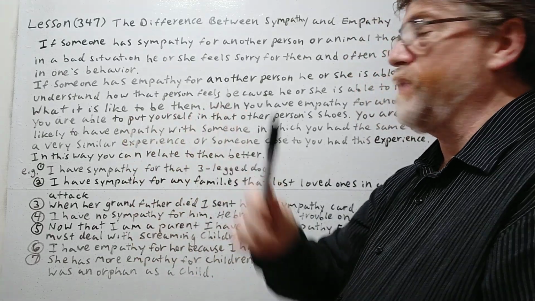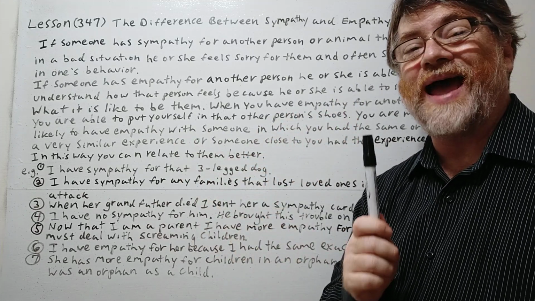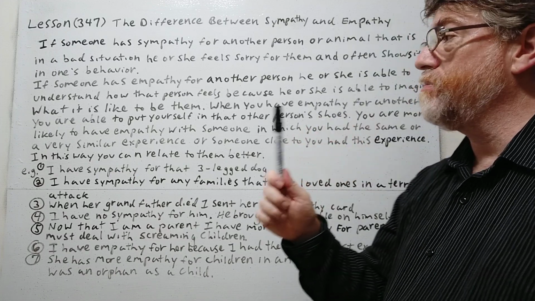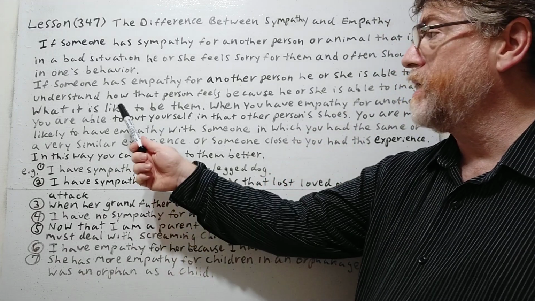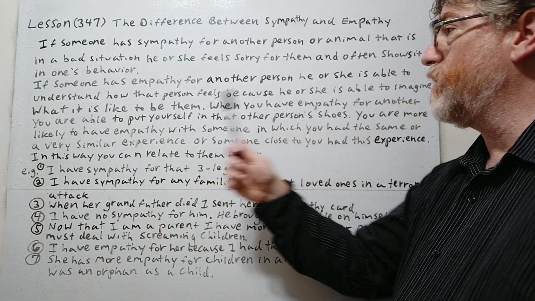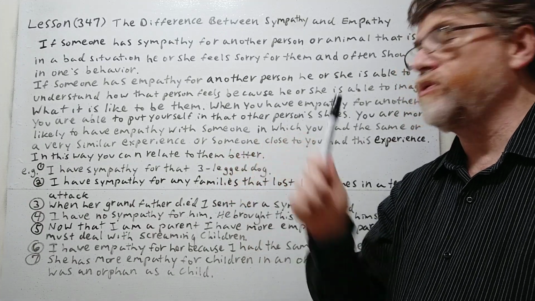If someone has empathy for another person, he or she is able to understand how that person feels because he or she is able to imagine what it is like to be them. When you have empathy for another person, you are able to put yourself in that other person's shoes.